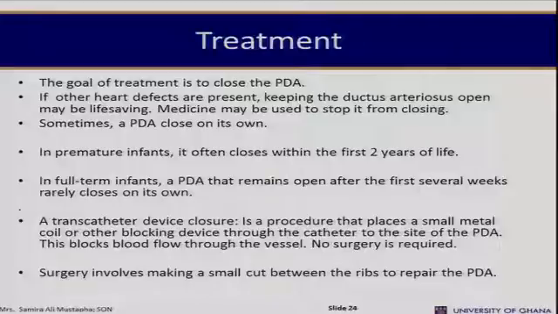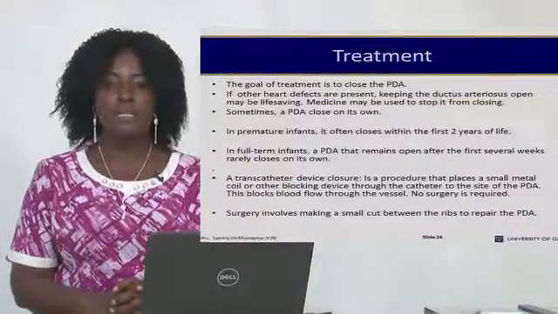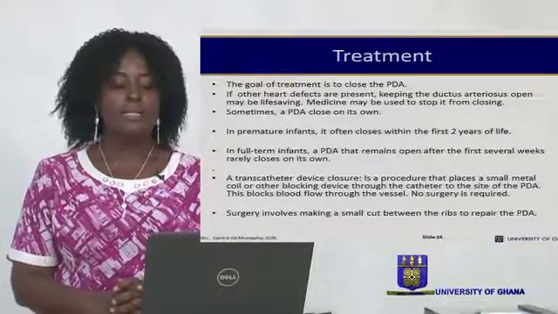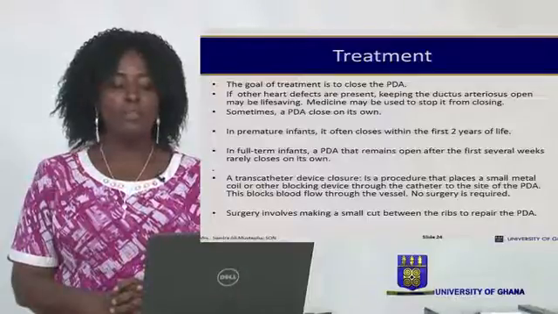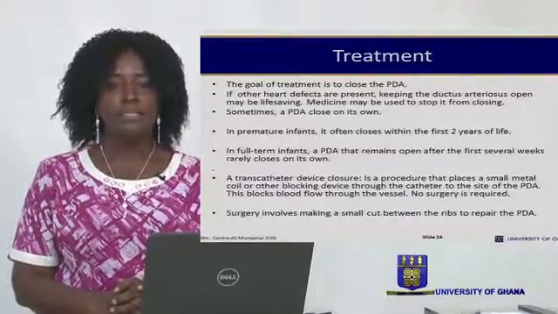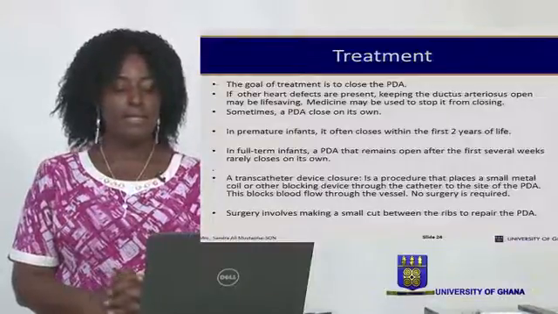And here, the heart defects that are present and keeping the ductus arteriosus open are closed by surgery. In premature infants, it is often within the first 2 years of life that this repair is done.